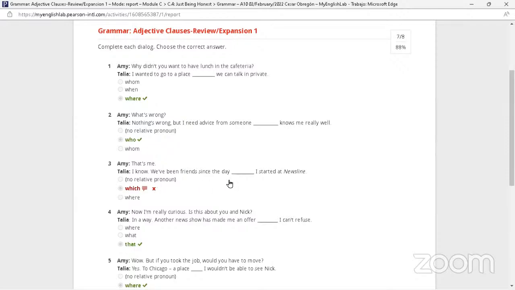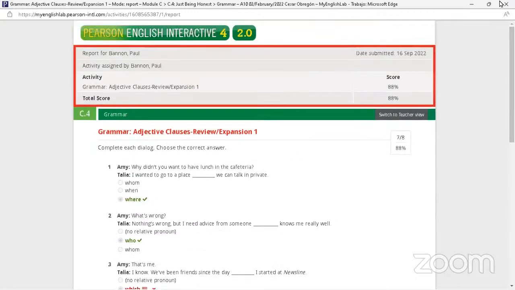You can use which, but it's too redundant. So I guess we want to optimize the space here. So we can go for no relative pronoun, okay? All right. Good job. Number 2. Now this is going to get interesting, okay?